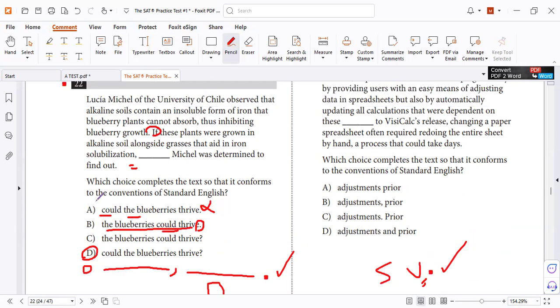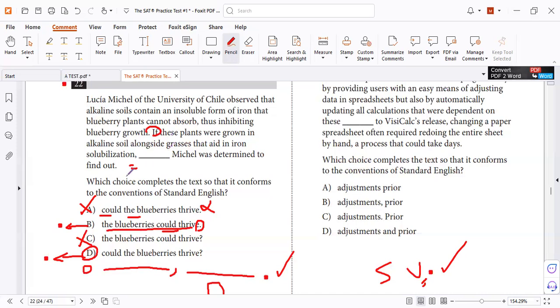Letter B, I don't get it. B is grammatically correct, and letter D is grammatically correct. But letter C is grammatically wrong, of course. But the problem is, do we need a sentence or a question? Look for the second part of the clause. Like if I study hard, what is the consequence? I will pass all the exams.